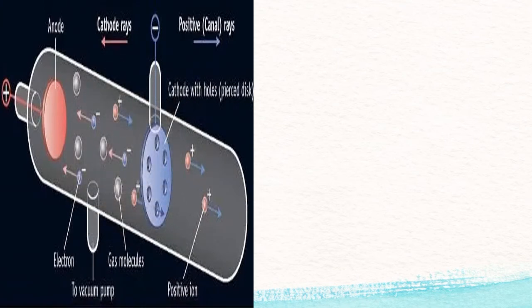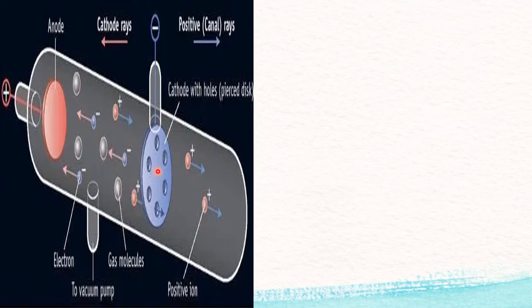This is the discharge tube, the same discharge tube, right? And see, this is the anode and this is the cathode. As usual, there is a vacuum pump to create low pressure, and plus and minus terminals so that he can maintain high voltage.